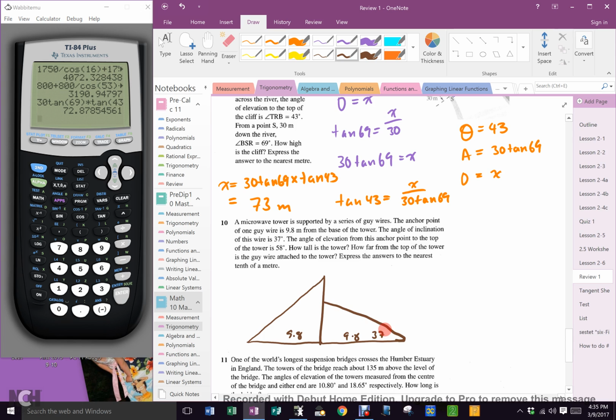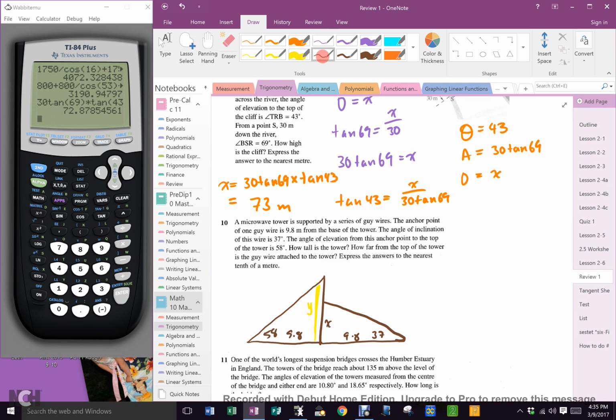This one's 37. This one's 58. I want to know how far from the top is this one. So if I know this one, x, and I know y, I can just subtract them.